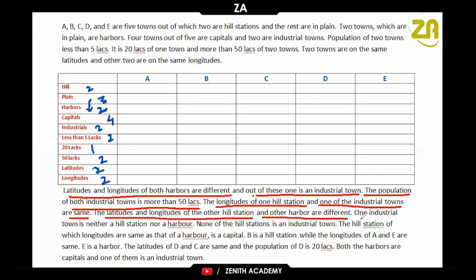Indirect information. One industrial town is neither a hill nor a harbor. Again, it is indirect. You cannot point it out directly. None of the hill stations is an industrial town. The hill station whose longitude is the same as that of a harbor is a capital.